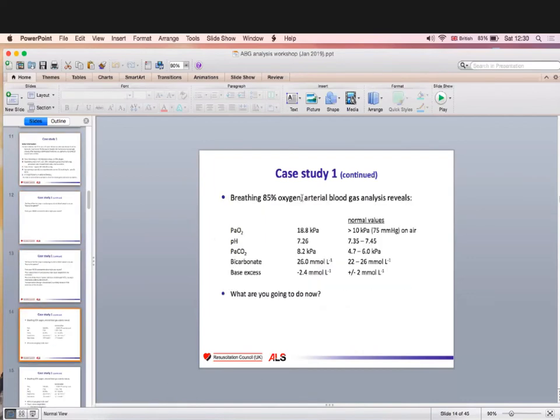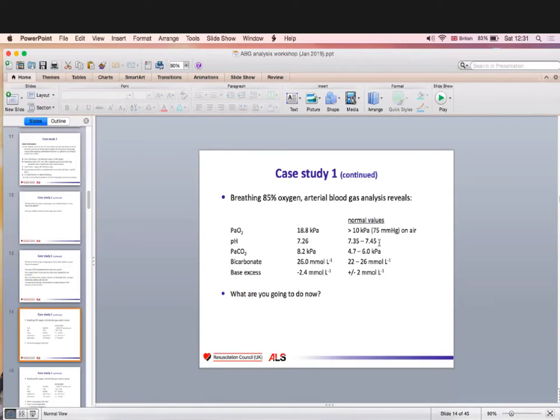So this is the real blood gas which is shown. PO2 of 18. So if you multiply, I'll tell you the exact millimeters mercury value. The value in millimeters mercury is 142.